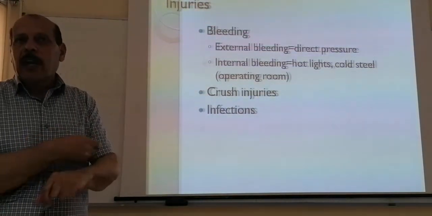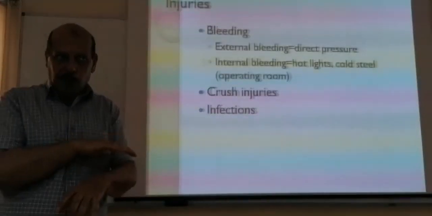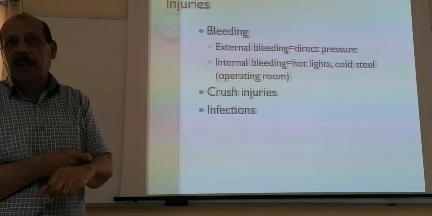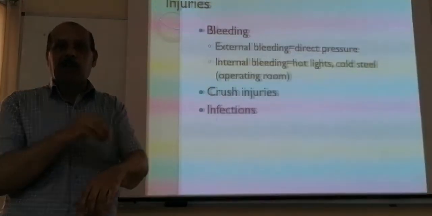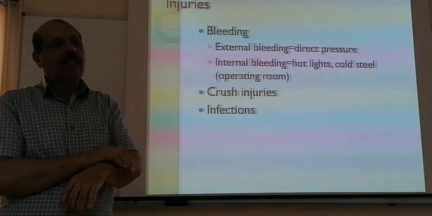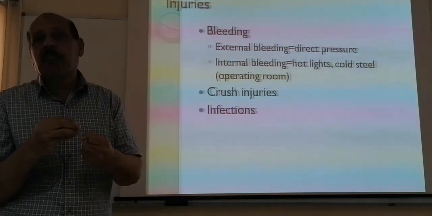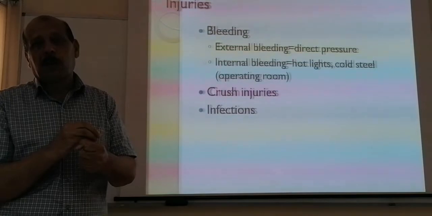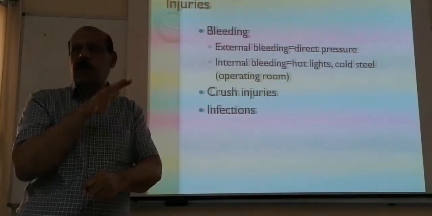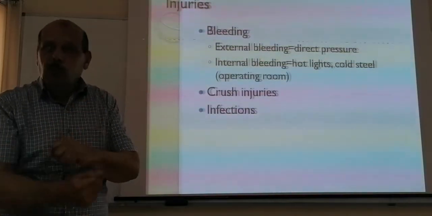If we wrap it, we put a piece of gauze and put a compression and we wrap it. If bleeding is still oozing from the dressing that we put, don't remove the dressing. Just put another gauze or piece of cloth over it and do more compression.